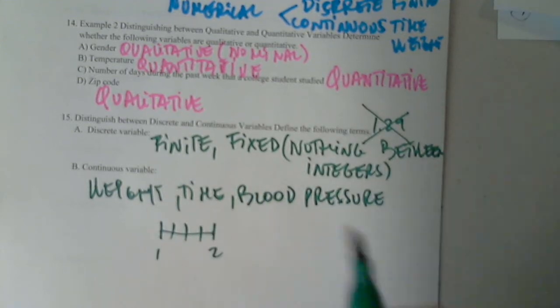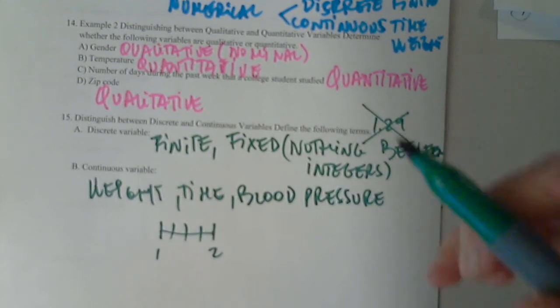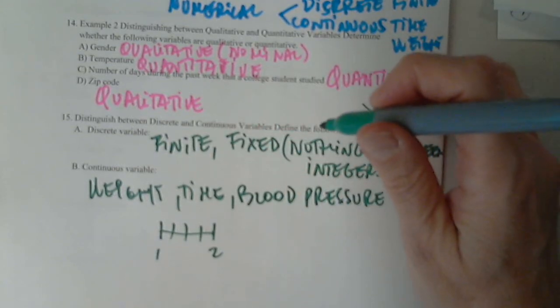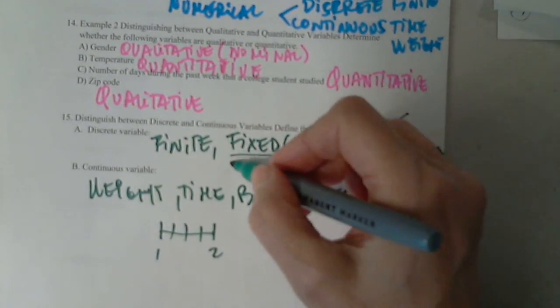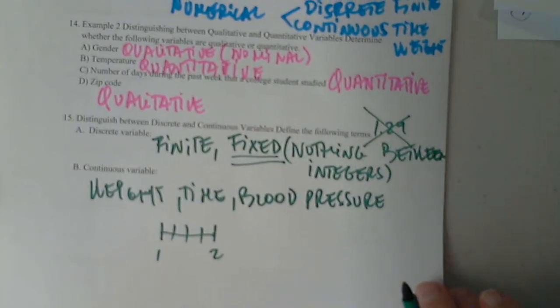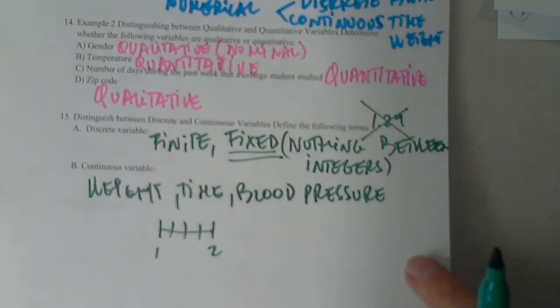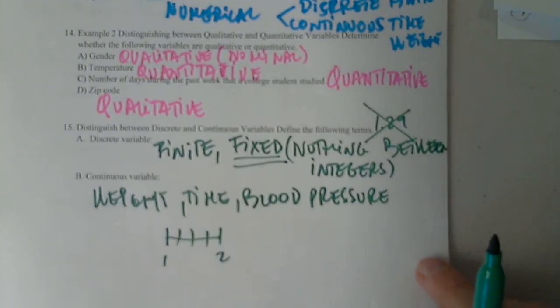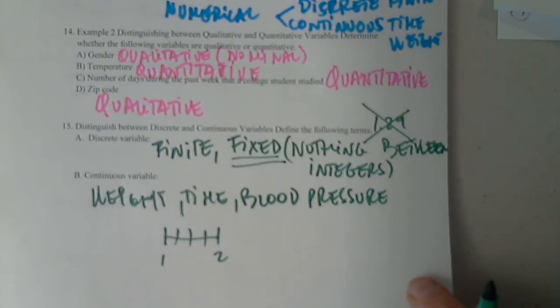If you can put it between 1 and 2, like somewhere here or here or here, it's continuous. If you only can say 1 or 10 or even 10 million, but fixed, then it's discrete. Otherwise, it's continuous, as long as it's quantitative. Okay.